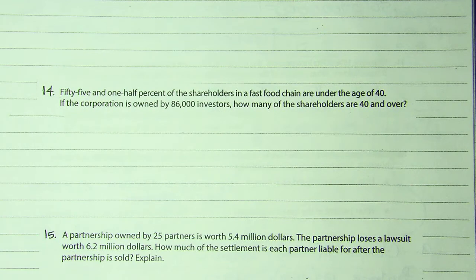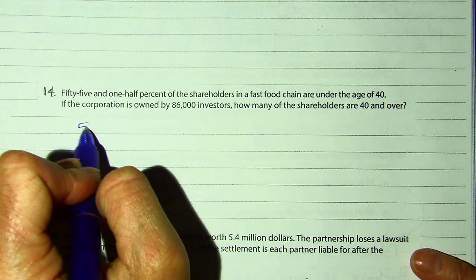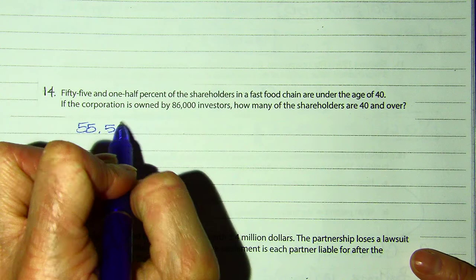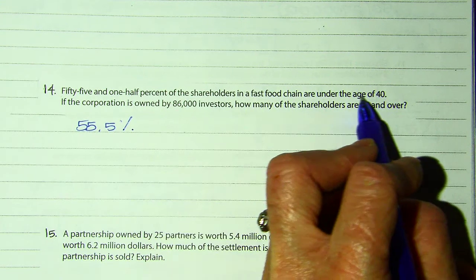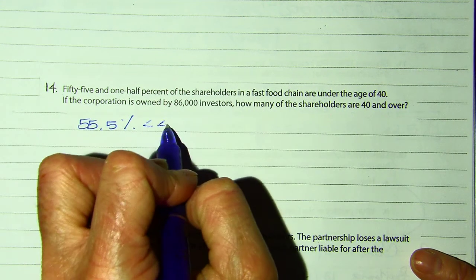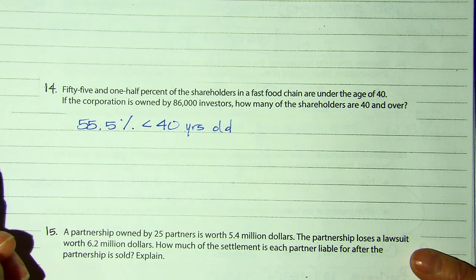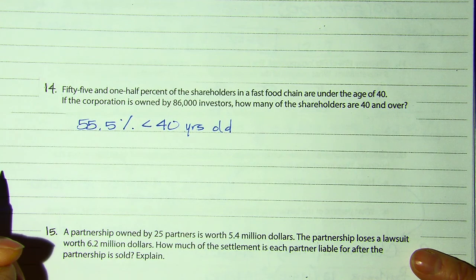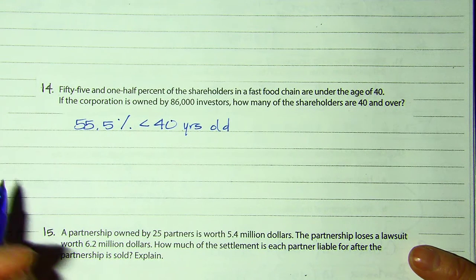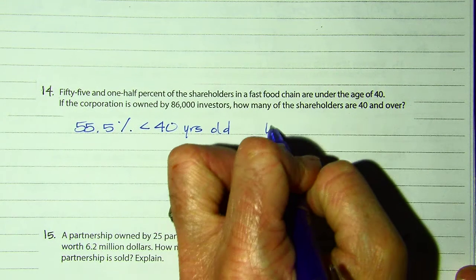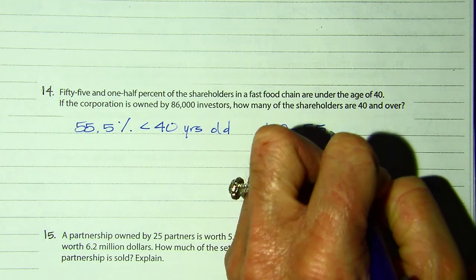Last 2. 55.5% of shareholders in a fast food chain are less than 40 years old. If the corporation is owned by 86,000 investors, how many are older? Well, what's 100 minus 55.5?